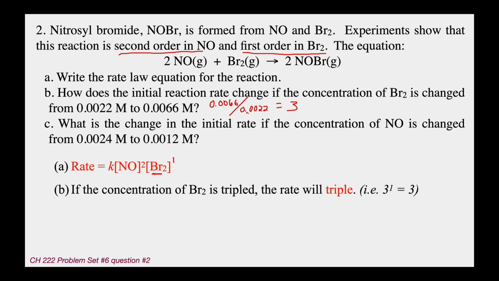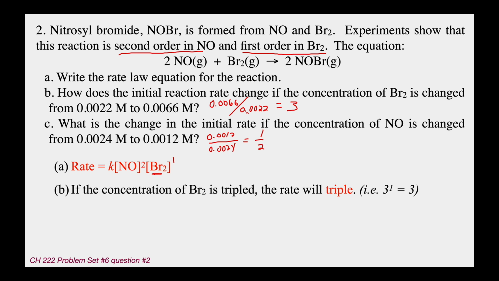Now we're going to do something similar on C, but notice here how this is first of all NO, not Br2, and we're taking it from 0.0024 down to 0.0012. So 0.0012, which is the new concentration, divided by 0.0024, that's a factor of 1/2 or 0.5.